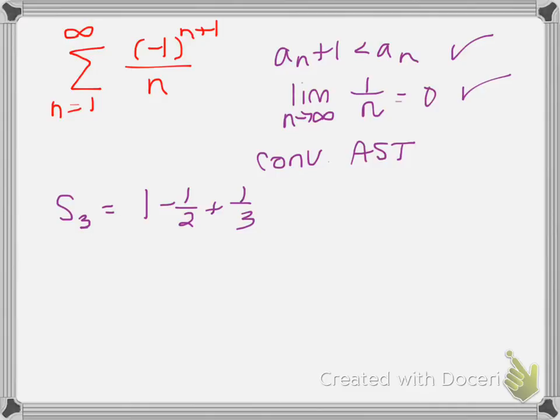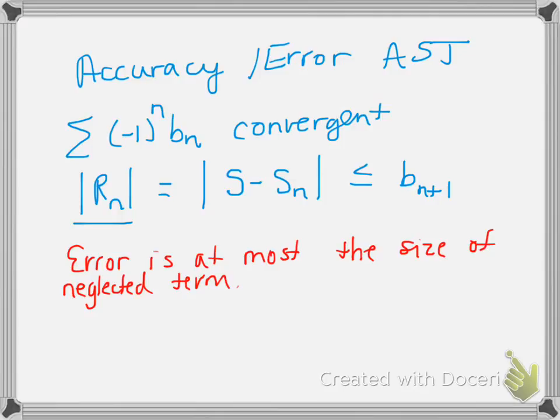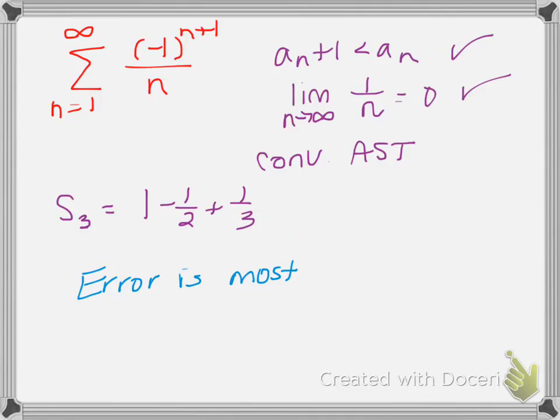So what this rule says is that if I wanted to find the error, then I find the next term, which in this case would be, you always take the absolute value of it, because if you'll notice here, we took the absolute value of the remainder. So the error is at most 1/4, which means the sum of the whole thing minus the sum of the third term would be less than or equal to 1/4. So we're only off by 0.25.